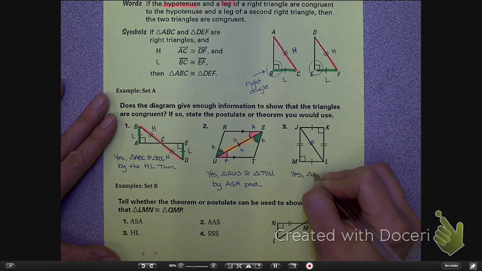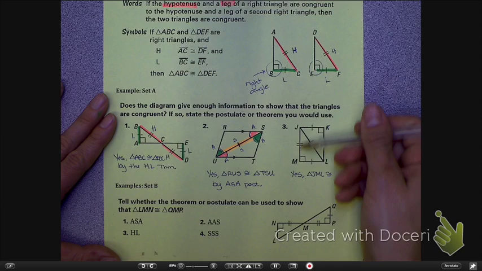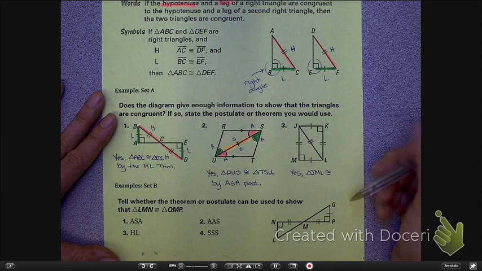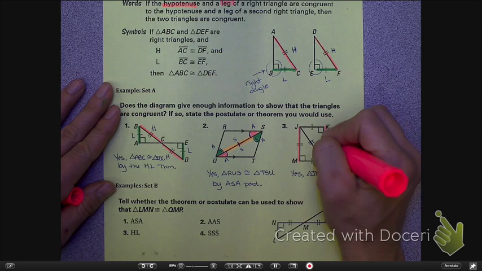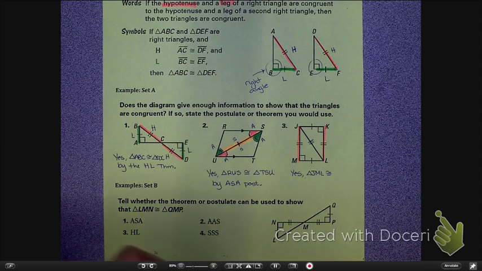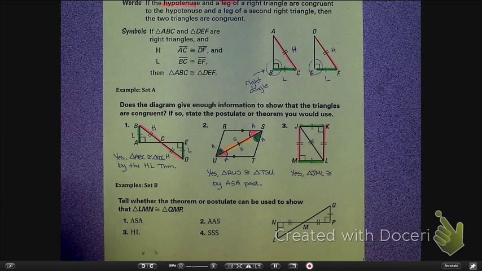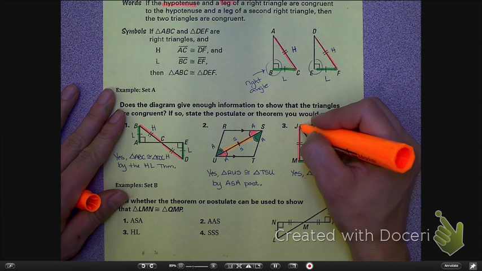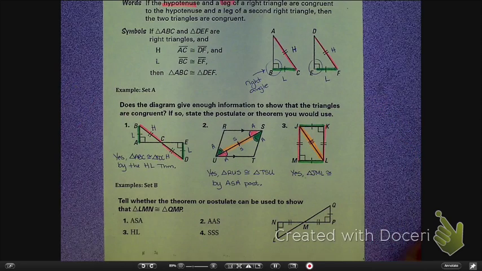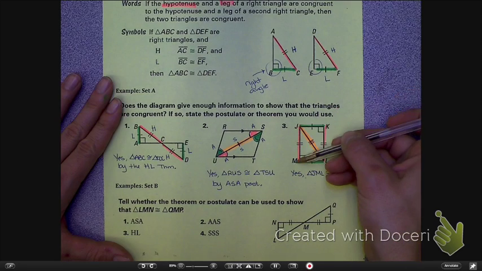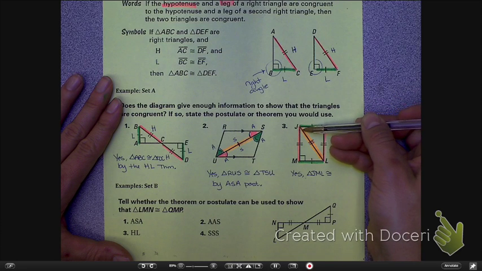triangle JML is congruent to, if I went JML here, I'm going to do some highlighting so maybe it's easier for you guys to see in the other triangle what's corresponding. So if I went JML over here, J is where the pink and the orange come together in this triangle.